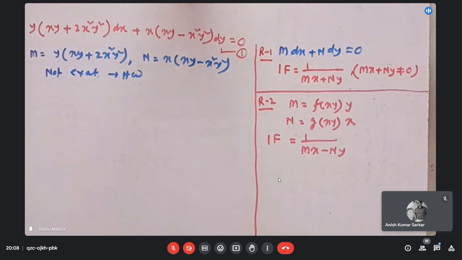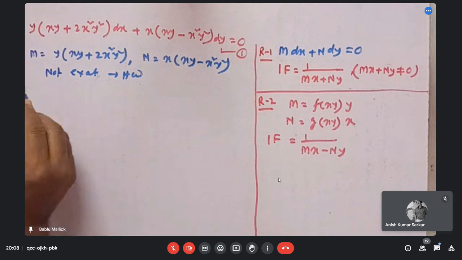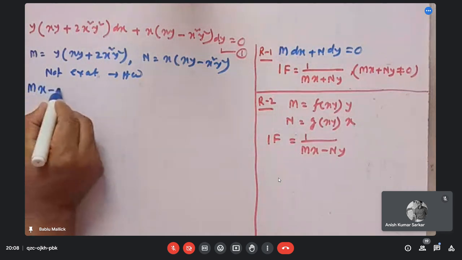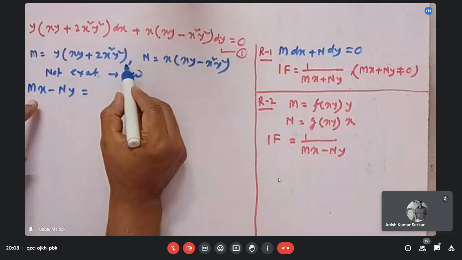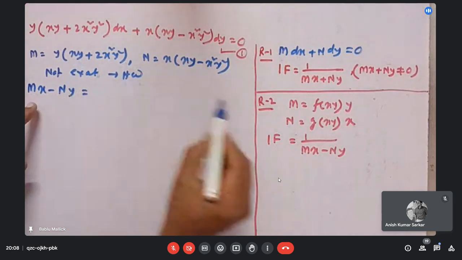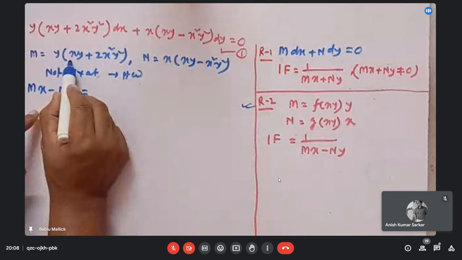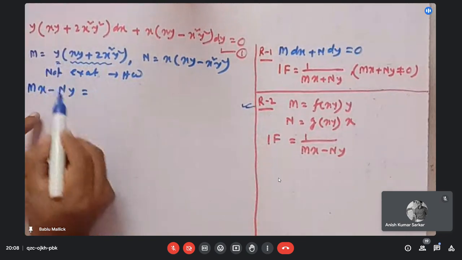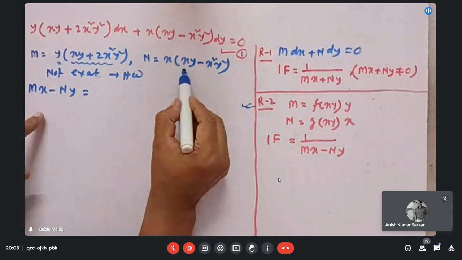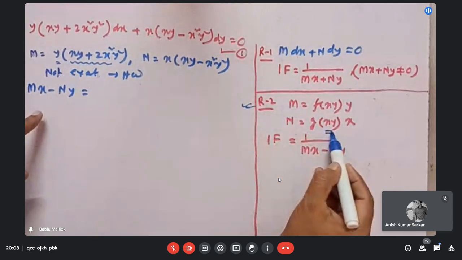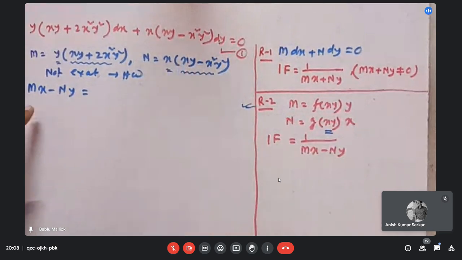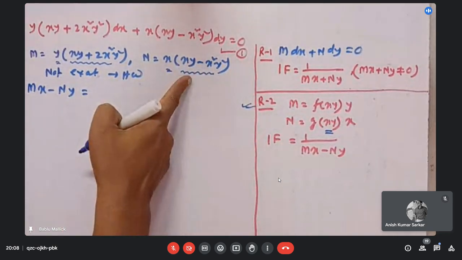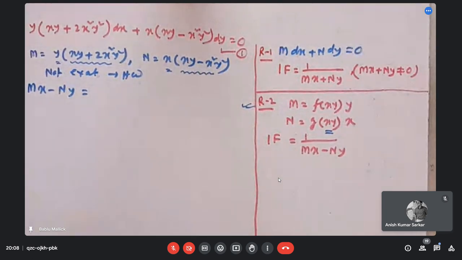So find the integrating factor. Write. M is a function of xy into y, and N is a function of xy, meaning there will be xy together into x. So you have to use the second rule.